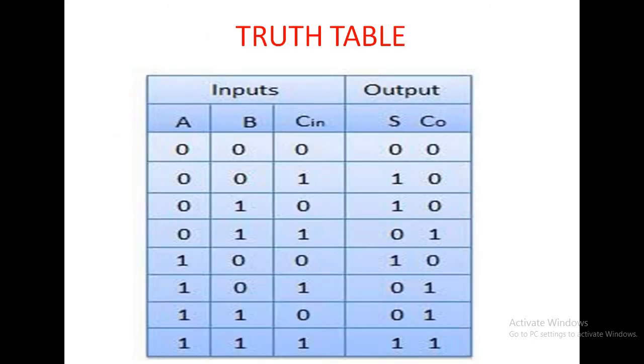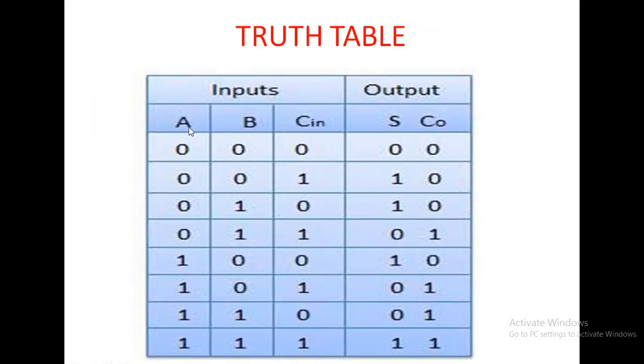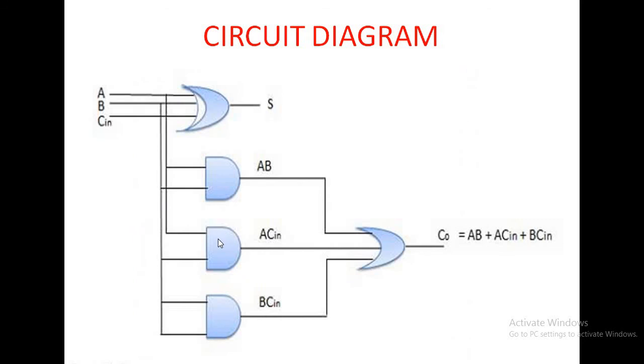The product of AB is the AND gate, so this is the AND gate AB. Then the product of A dot CIN is also an AND gate.